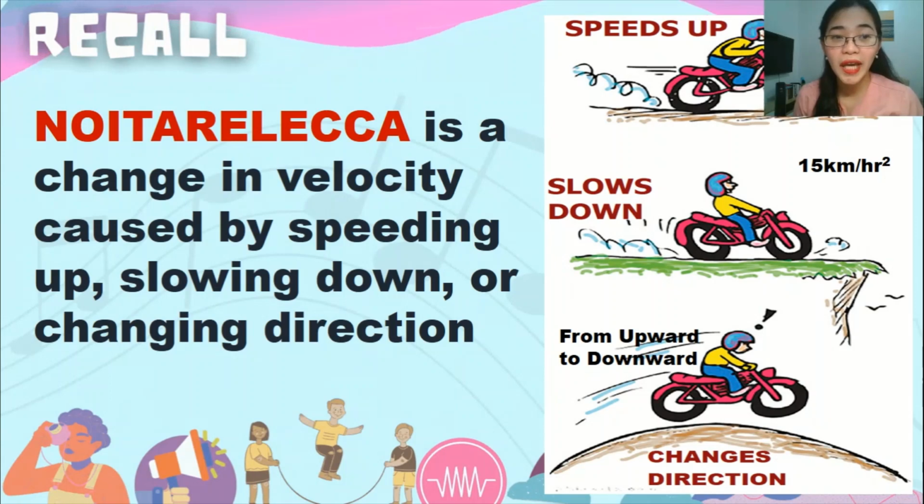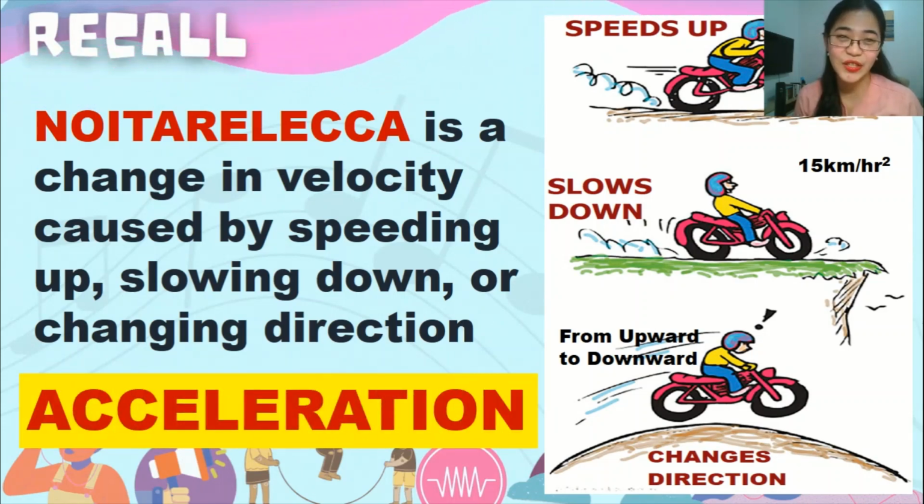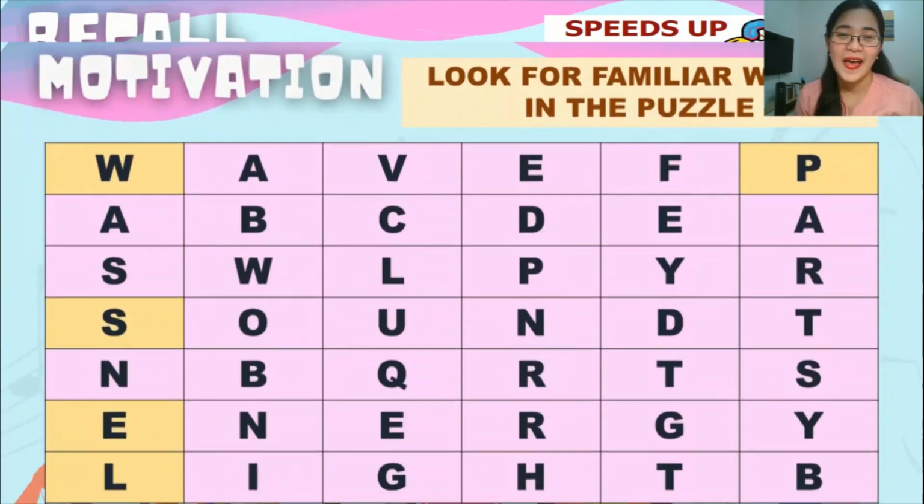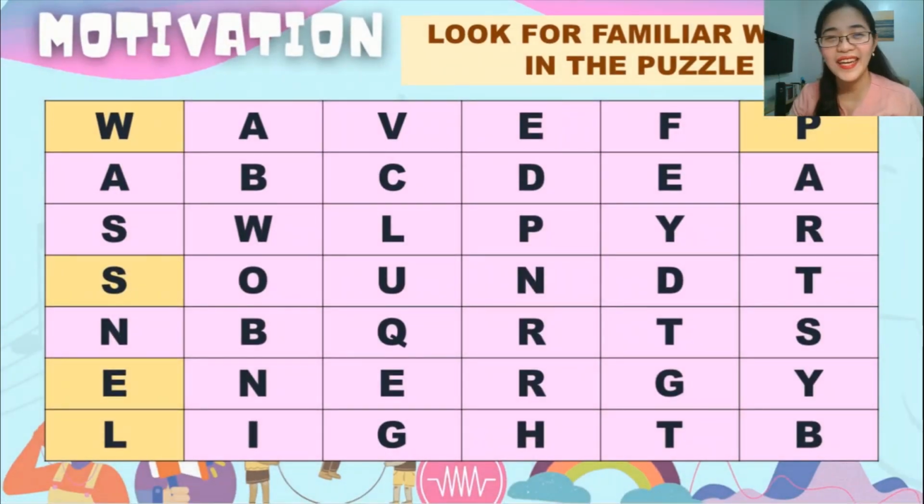It is a change in velocity caused by speeding up, slowing down, or changing direction. What is the answer? Acceleration. Okay, you did great. Now, can you look for familiar words in the puzzle that we will be using as we go through our lesson?